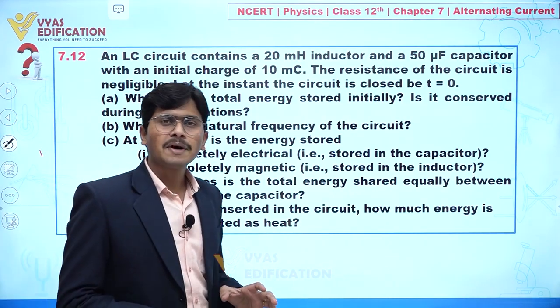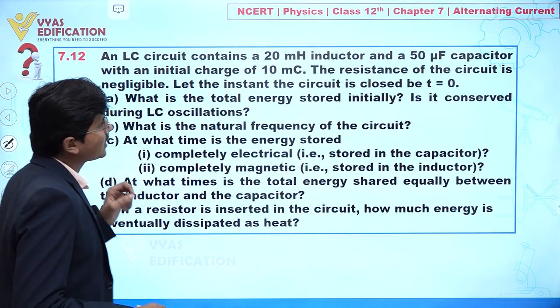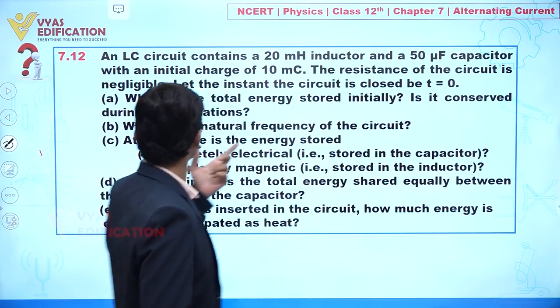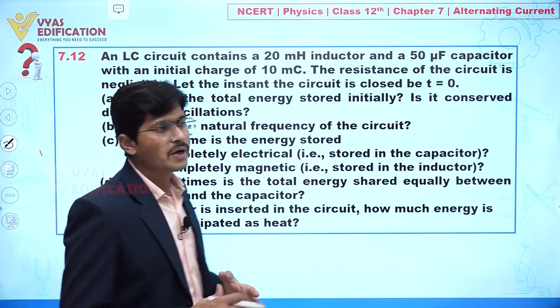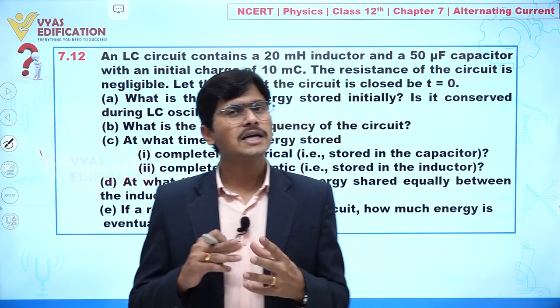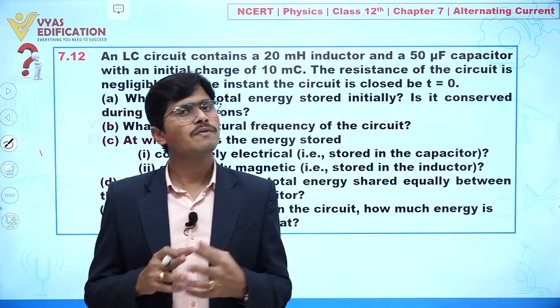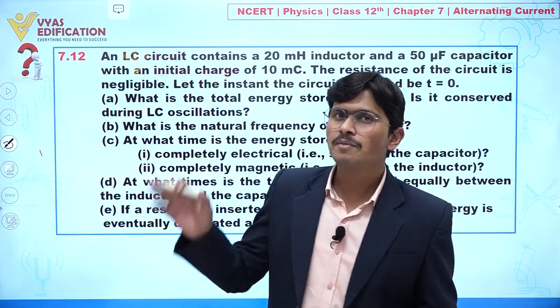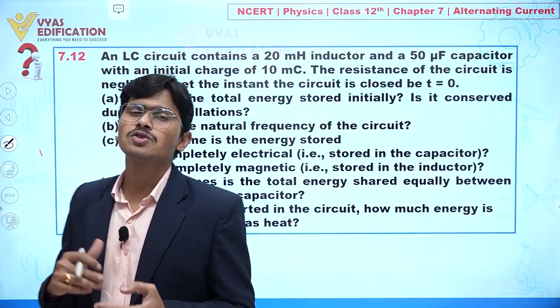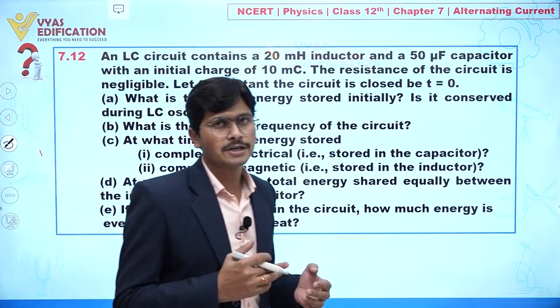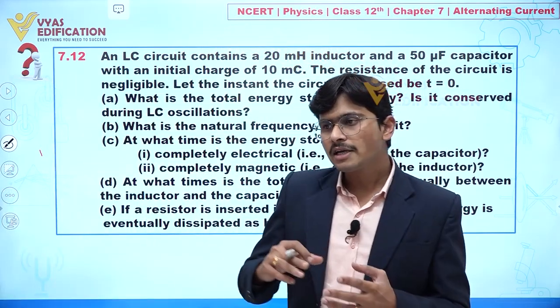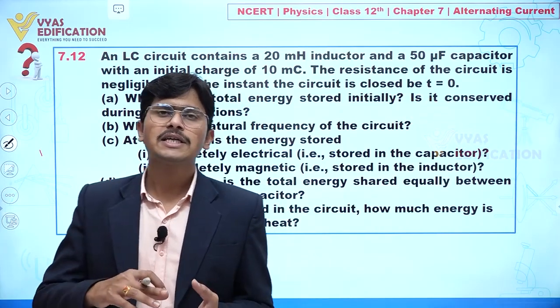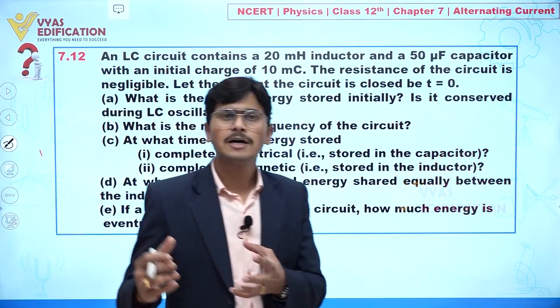Now in the second part it is given, is it conserved during LC oscillation? Yes. Initially all the charge is stored on the plates of the capacitor, clear? As we connect the inductor, some charge will flow from the capacitor and it is stored as magnetic energy in the inductor, clear? So definitely some of the energy of the capacitor is shared with the inductor.